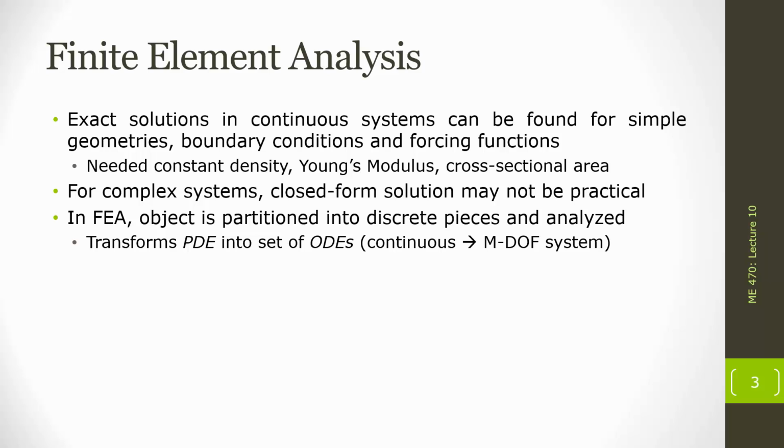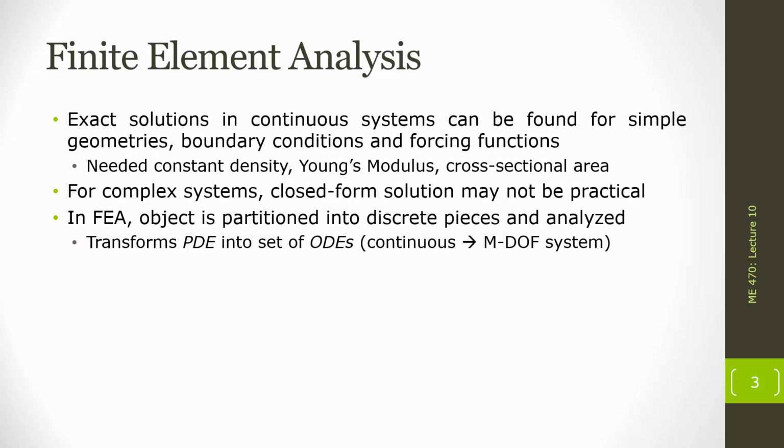So mathematically, what's going to be happening is, instead of taking our continuous system, which is a partial differential equation that might be very difficult to solve, by partitioning it into these small pieces, each of these small pieces is going to be its own ordinary differential equation, and we're going to have a set of them. So we're going from a continuous system, and we're going to be approximating it or changing it into a multi-degree of freedom system.